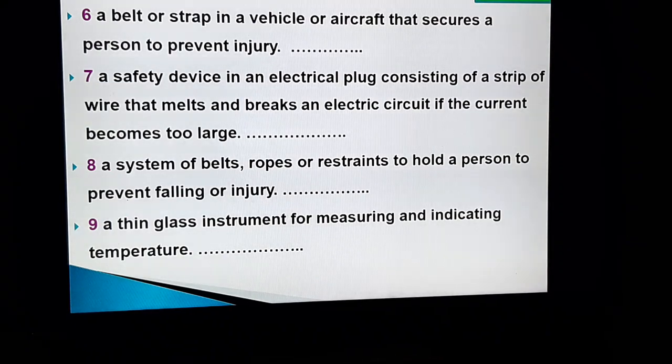So it will be picture B. Number 7, a safety device in an electrical plug consisting of a strip of wire that melts and breaks an electric circuit if the current becomes too large. A safety device in an electrical plug.